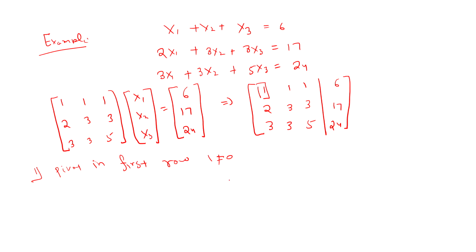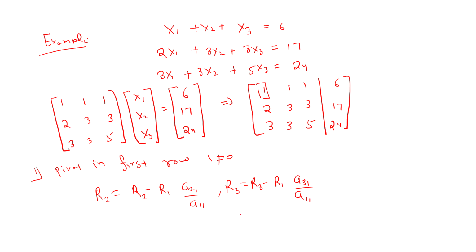So what we will do is apply the row operation and convert all the elements below this pivot to 0. My row operations will be R2 equals R2 minus R1 times A21 upon A11, and R3 will be R3 minus R1 times A31 upon A11.